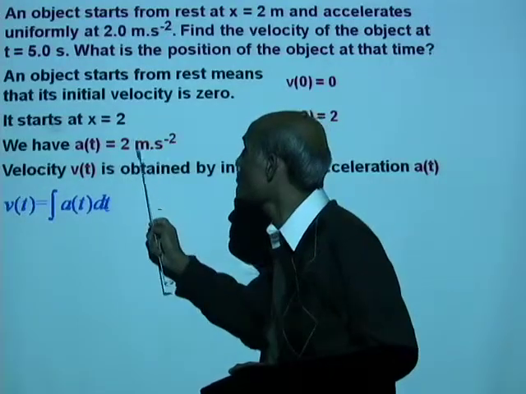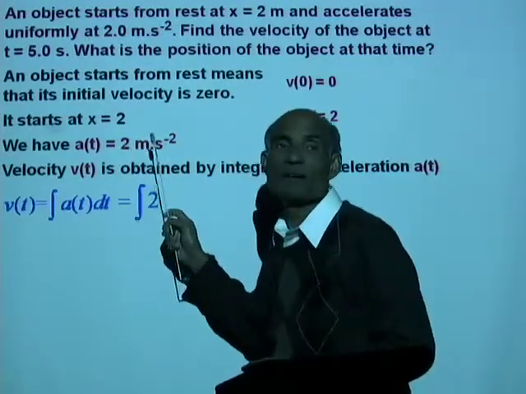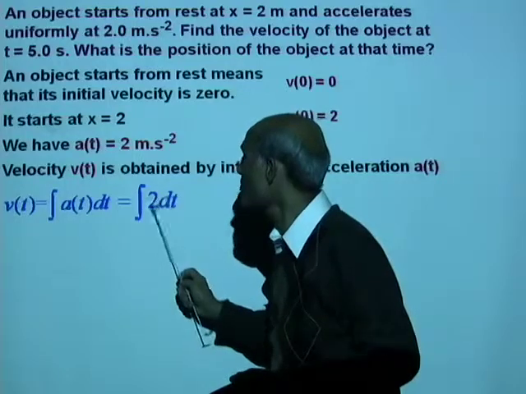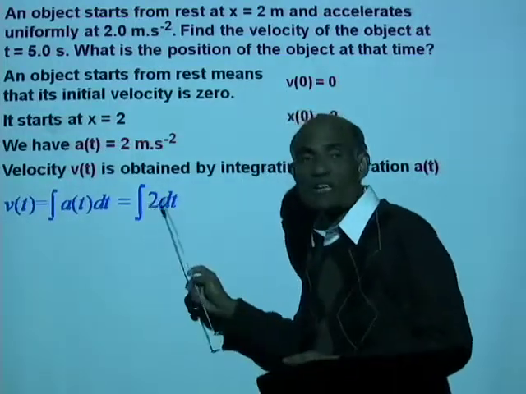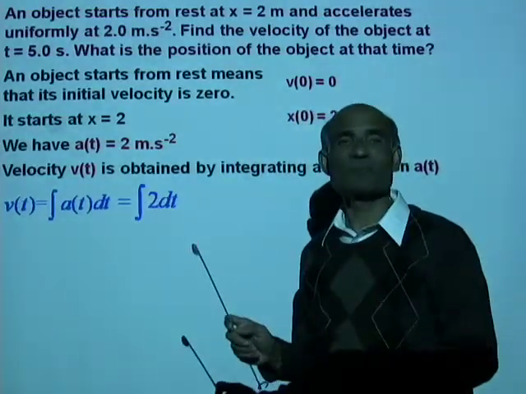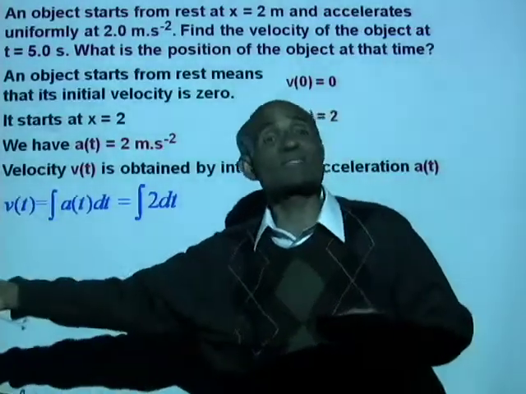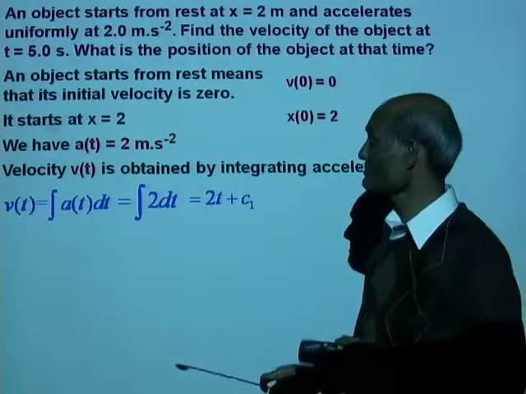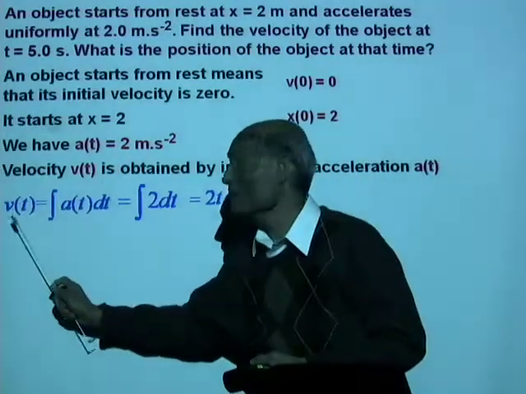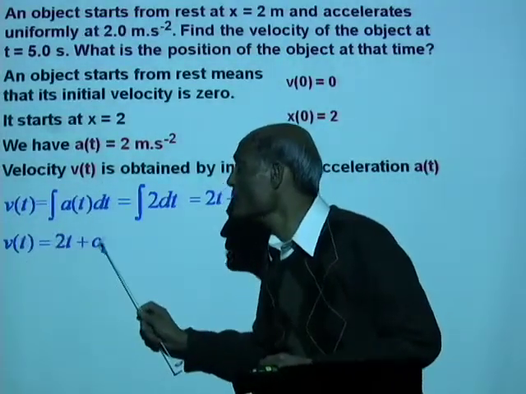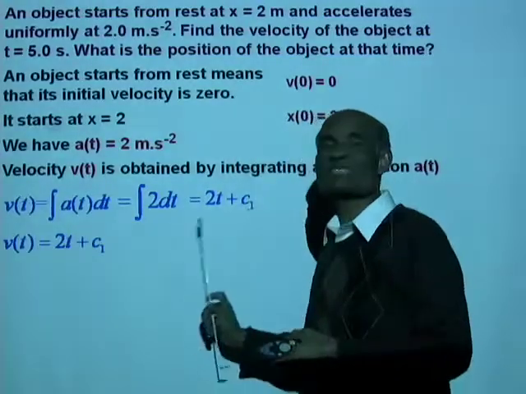We're going to drop the unit and just take the number. So that will be integral 2 dt. What's integral 2 dt? Integral 2 dt is 2t plus c. So what we have is v of t equals 2t plus c1.